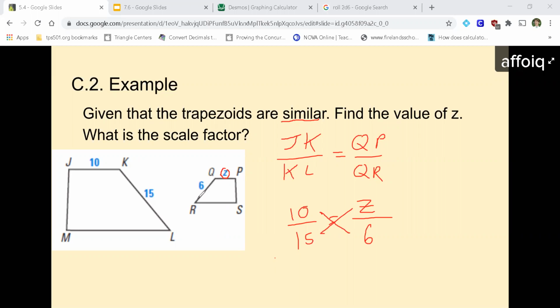So I'll get 15Z is equal to 10 times 6, which is 60. I need to get rid of the 15, so I'm going to divide both sides by 15. Which gives me Z is 4.